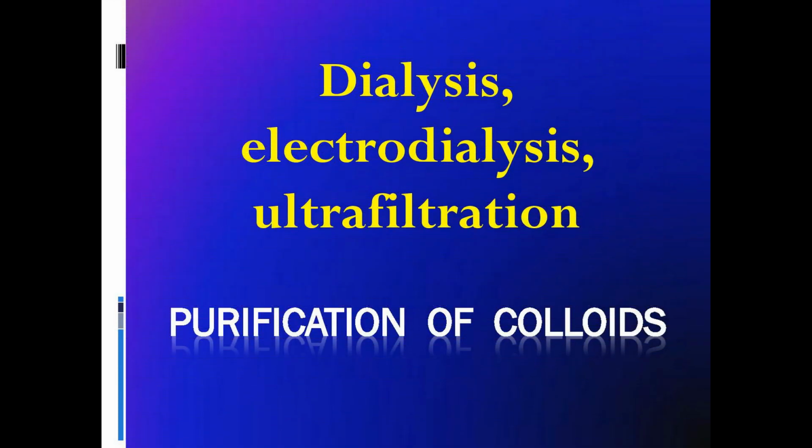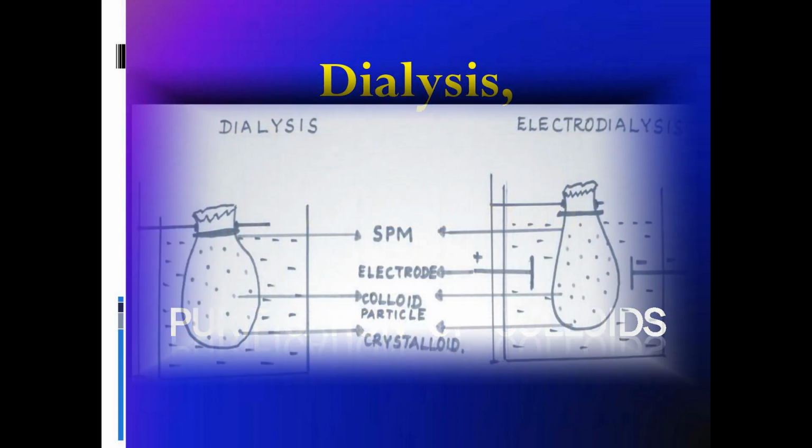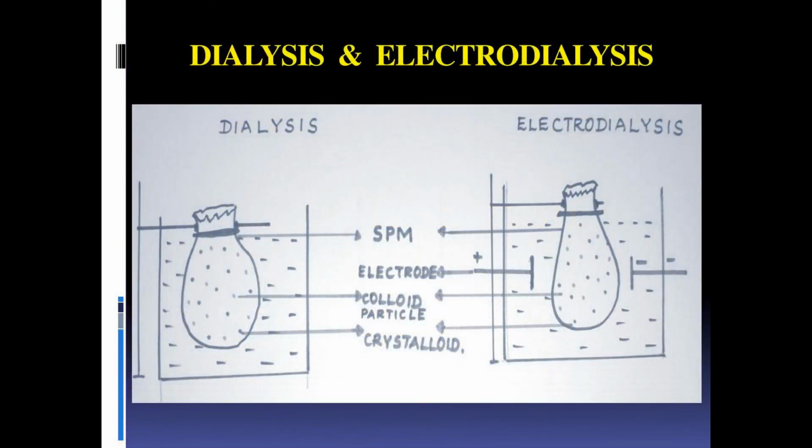Purification of colloids. Here we'll be dealing with three types of purification methods: dialysis, electrodialysis and ultrafiltration. Dialysis and electrodialysis. Both these methods use the process of osmosis. What do you mean by osmosis? It is the movement of molecules from a region of high concentration to a region of lower concentration through a semi-permeable membrane.